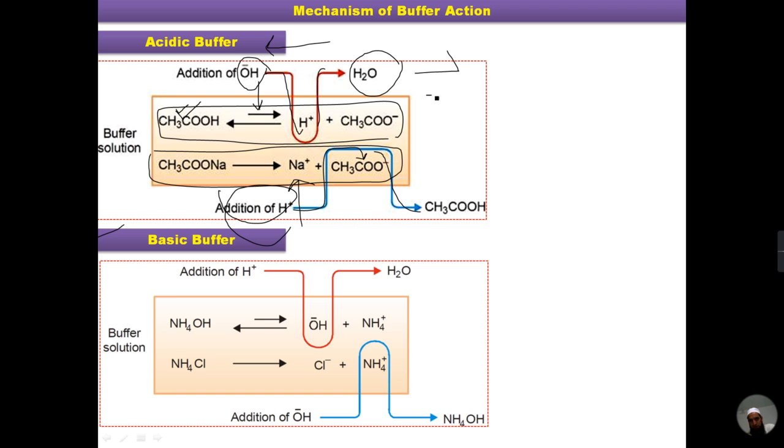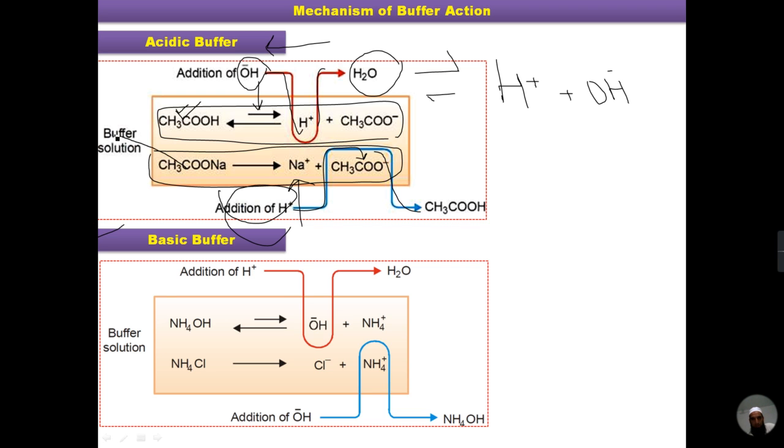Its dissociation to H positive ion and hydroxide ion is very, very less, since it's a weak electrolyte. So because water is formed upon addition of base, and it's a weak electrolyte, it will not undergo dissociation. That means it will resist the change in pH. So this is basically how the acidic buffer shows its action, how it resists the change in pH.